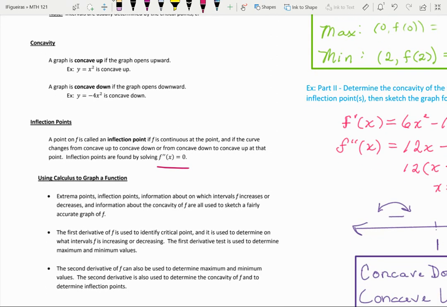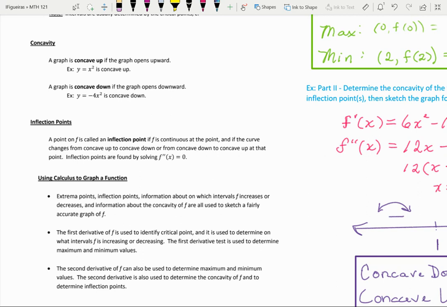So to review, extreme points, inflection points, and information on intervals tell you if the graph is increasing, decreasing, concave up, or concave down. The first derivative is used to identify critical points and determine where the function is increasing or decreasing, and it will also help you to find maximum and minimum values if they occur.